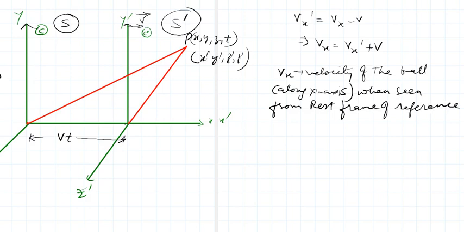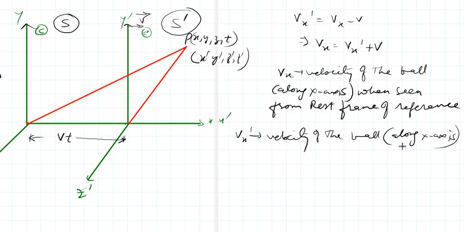And Vx prime is the velocity of the ball along the x-axis when seen from the moving frame of reference.